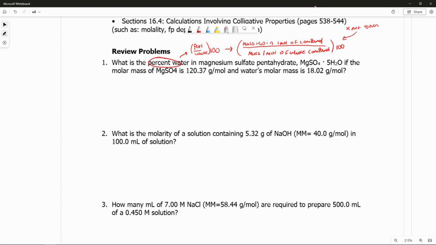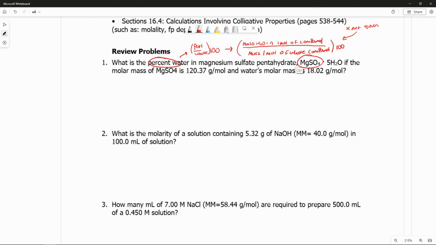It's not that hard to memorize once we get through one practice problem because you will actually know what each of these means. So let's start. We have to figure out the molar mass of the total compound MgSO4 5H2O first.